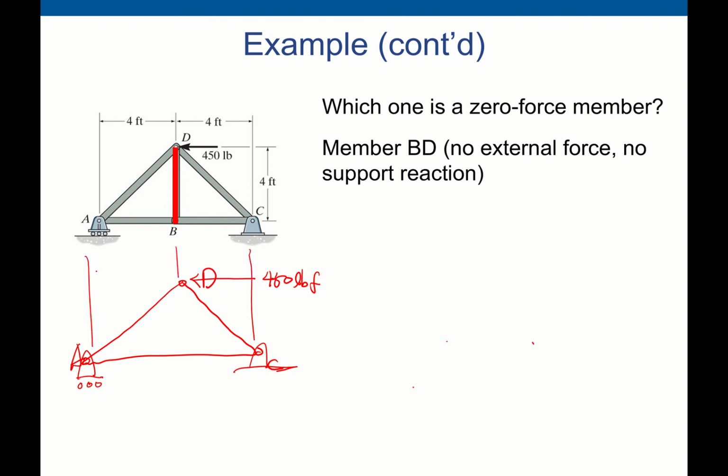There are some dimensions. This is 4 feet, 4 feet, and this one is 4 feet. Since member BD is a zero force member, we don't need to think about member BD. Even though there is a B here, there are no forces associated at the joint BD.